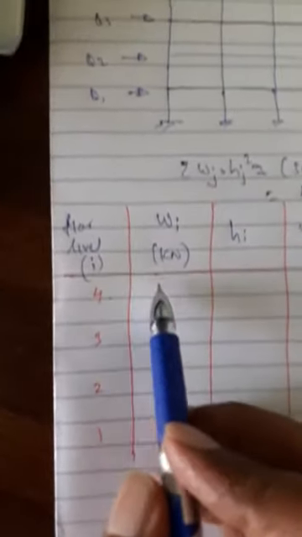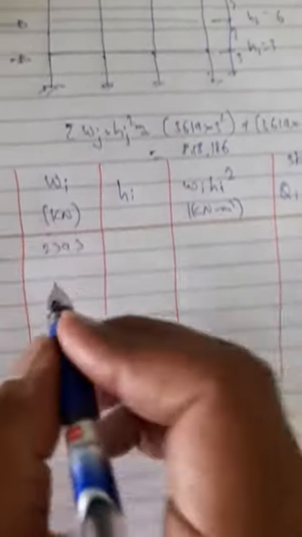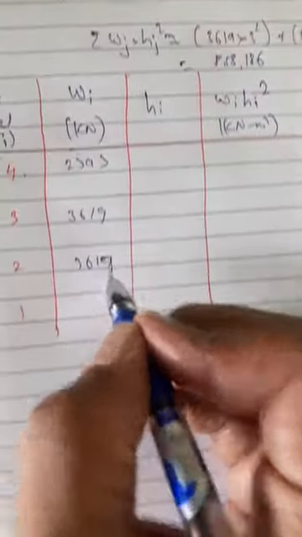Now I will complete this table. At the 4th floor, seismic load is 2793. 3rd floor 3619, second 3619, and again 3619. The floor levels are 3, 6, 9, 12.